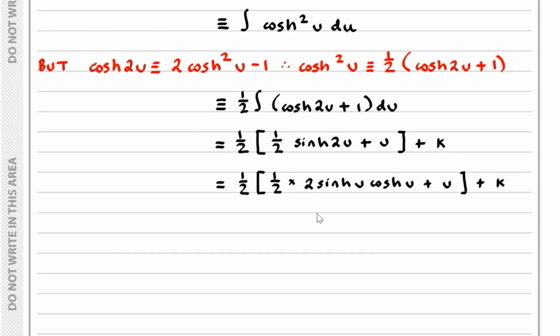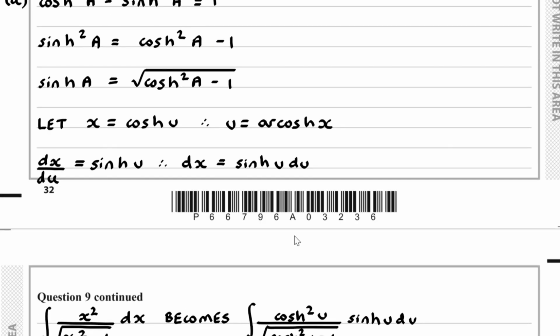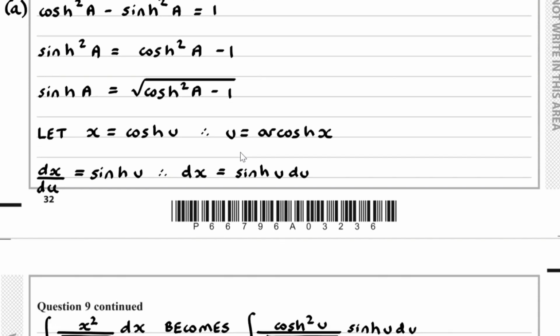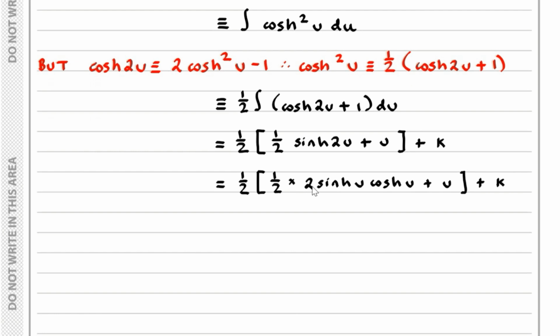Now, hyperbolic sine u, we can use the fact that that's the square root of hyperbolic cosine squared u minus 1. And then we've got the 2 times by 1/2, which is just 1.